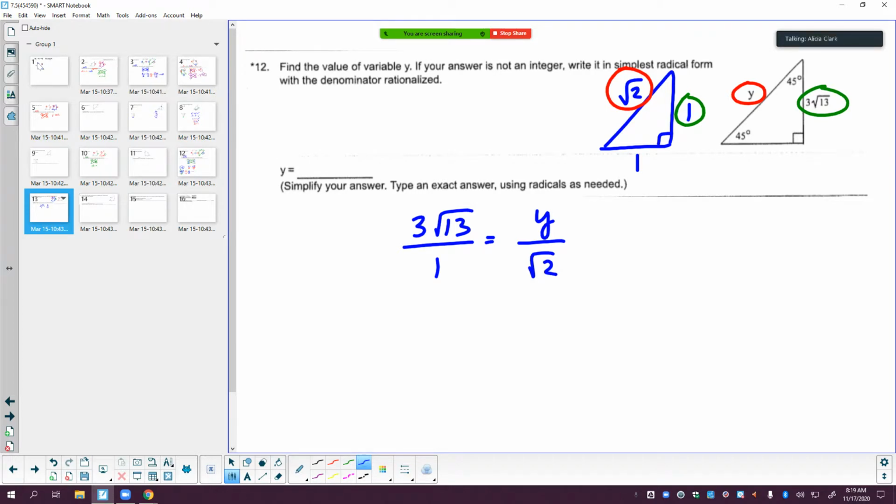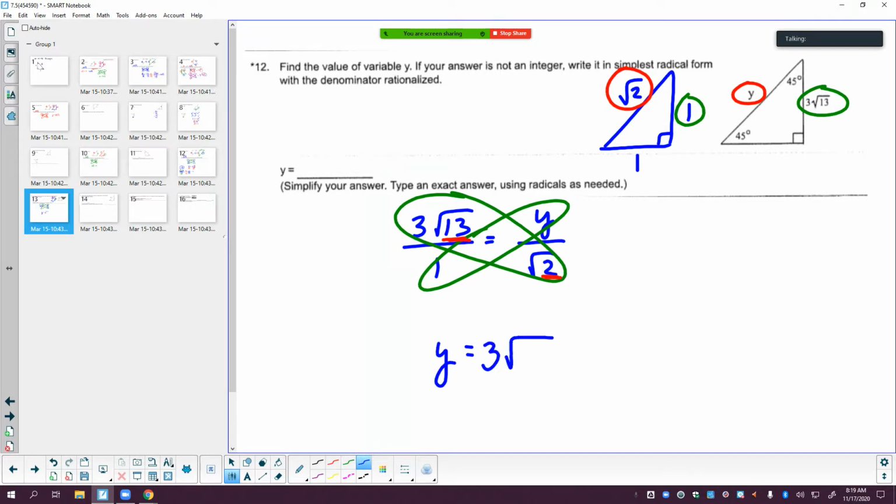Now, whenever you multiply these two things and these two things, 1 times y is y. 3 square root of 13 times the square root of 2. You have to remember algebra here. You only multiply the numbers that are underneath the square root. So the 3 is going to stay. Under the square root is whatever 13 times 2 is, which in this case is 26.